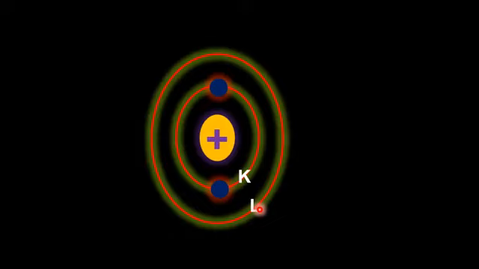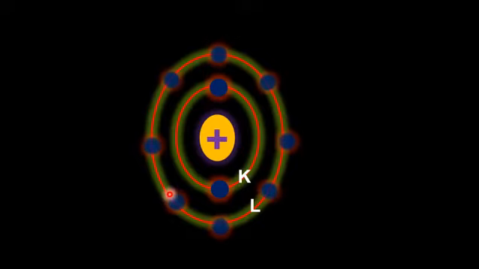So the 2s2 subshell has 2 electrons, whereas the 2p6 subshell in the L shell has 6 electrons. So as a whole, the L shell around the nucleus of an atom has a maximum of 8 electrons.